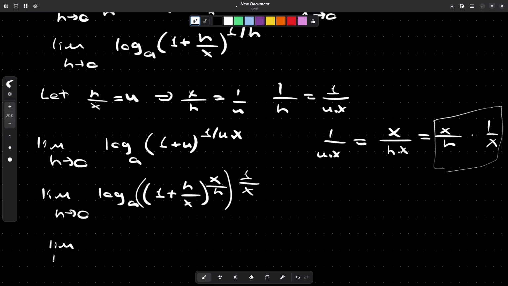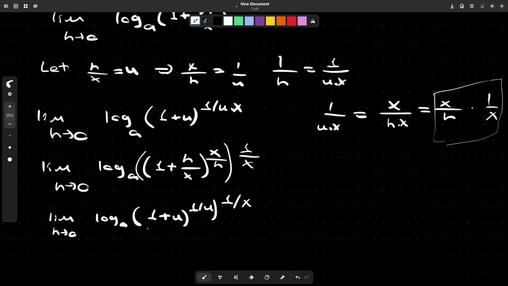The important part is, if I write this back, as h approaches 0, log base a, 1 plus h over x is u, x over h is 1 over u, and this is to the power of 1 over x.